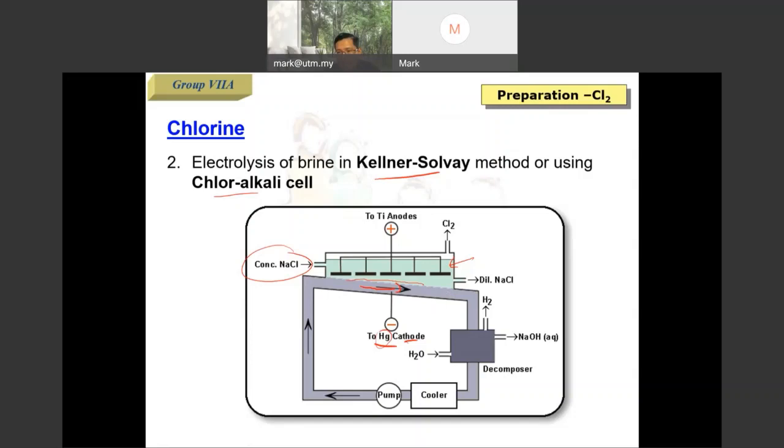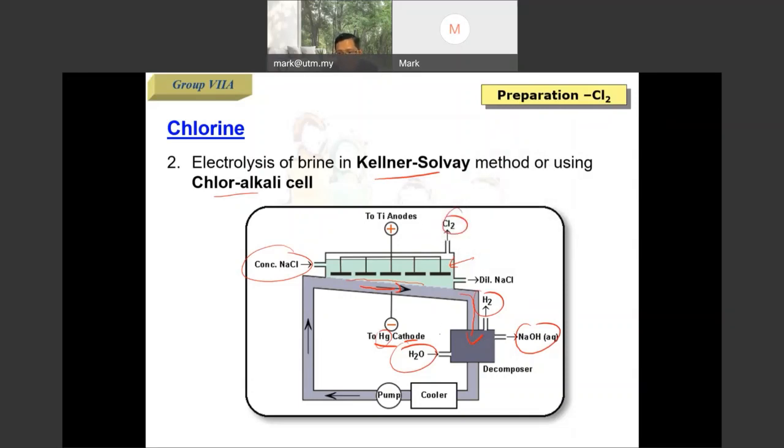This amalgam will then flow into a chamber where it reacts with water to form sodium hydroxide and hydrogen gas. At the anode, the chloride ions will be oxidized to form chlorine gas.